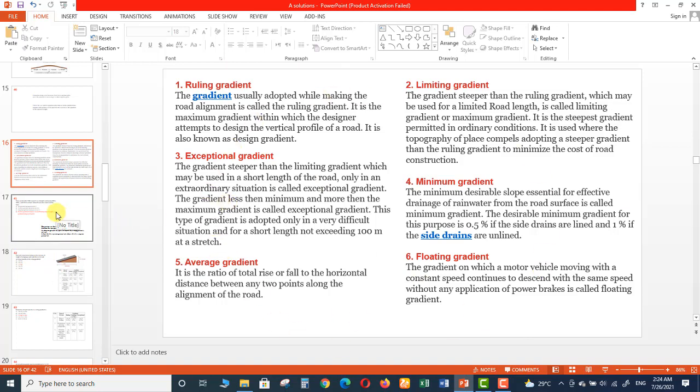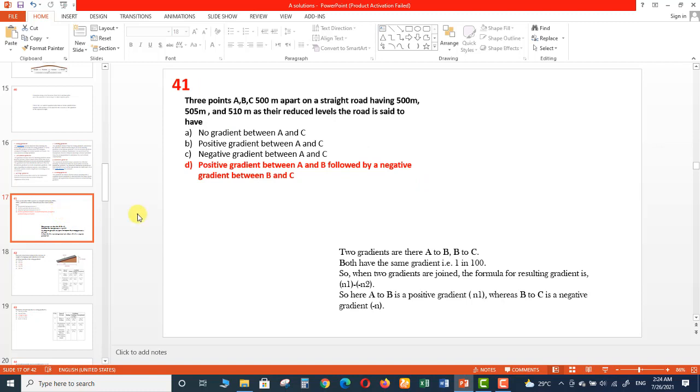Most of the questions which we are covering in today's video are relevant to the gradients. So let's start with the first question. Question number 41. The question is saying that 3 points A, B, and C, 500 meter apart on a straight road, having 500 meter, 505 meter, and 510 meter as their RL, reduced levels, on the road is said to have.